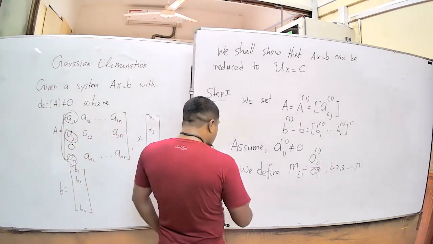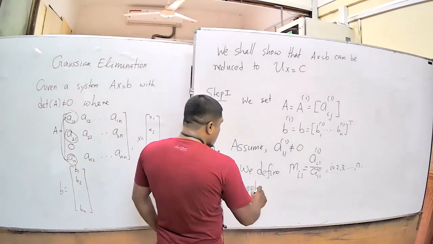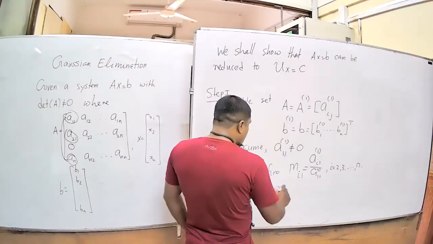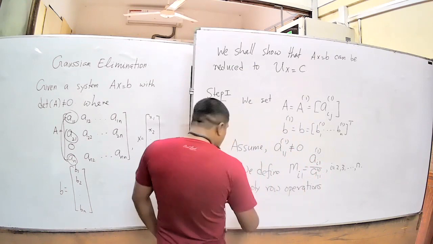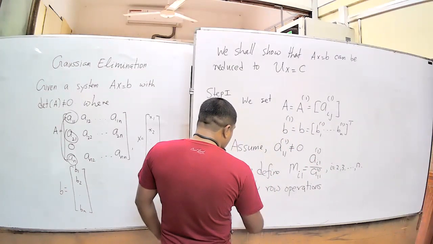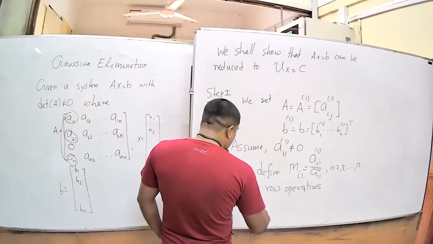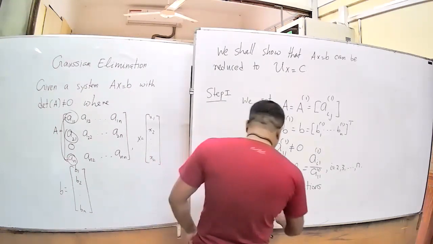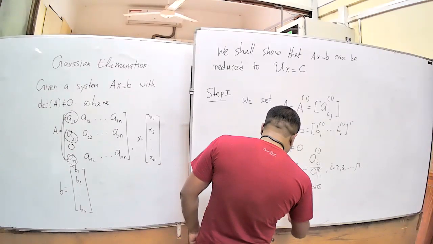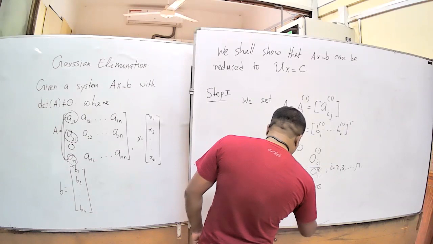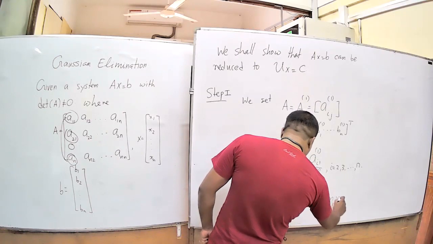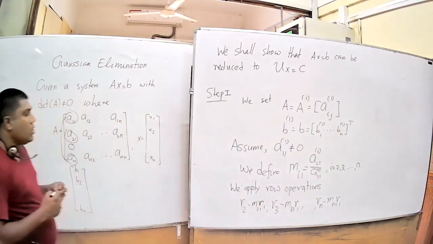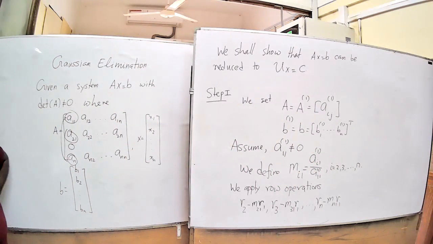So we apply the row operations. You take the second row minus the first multiplier m21 times r1.